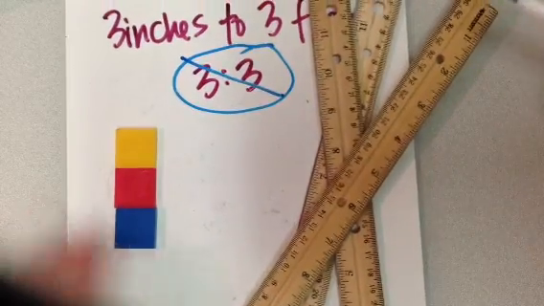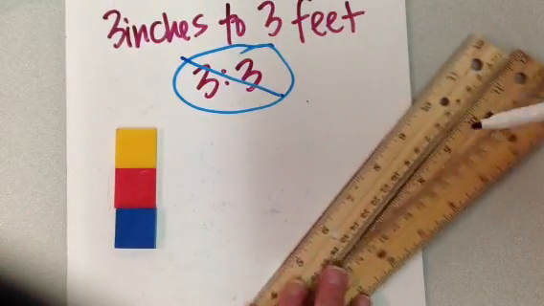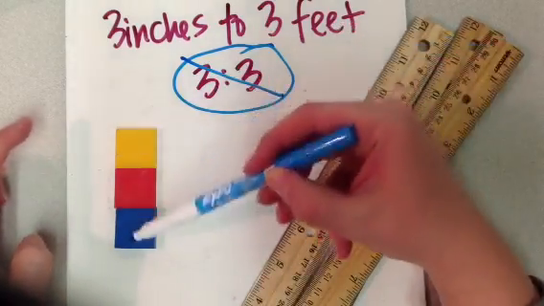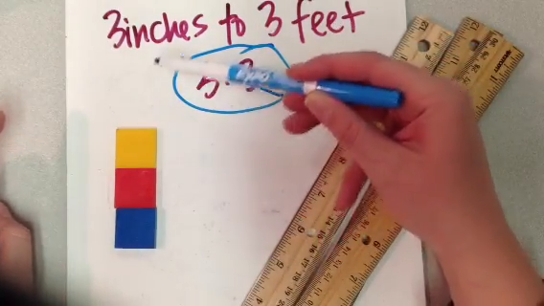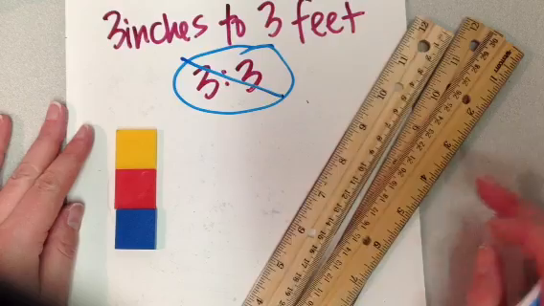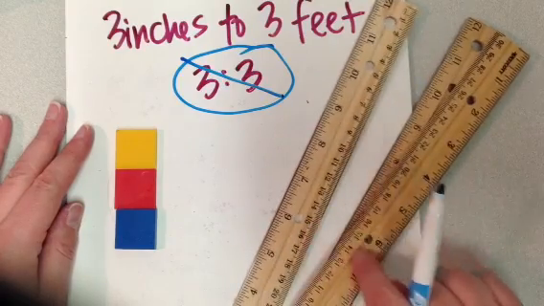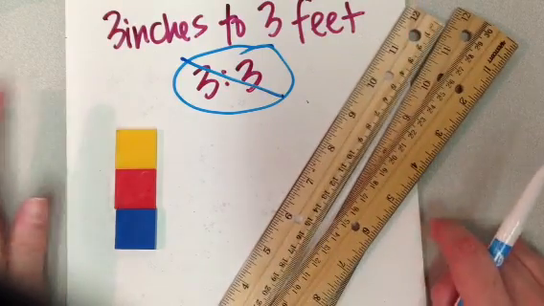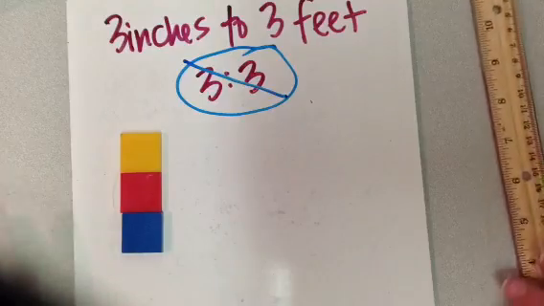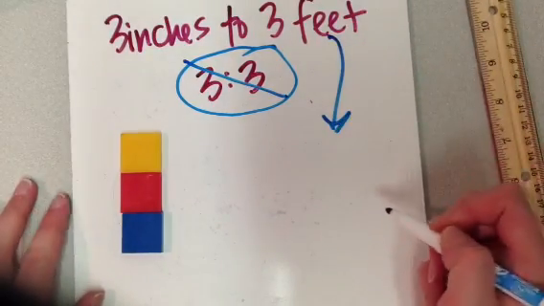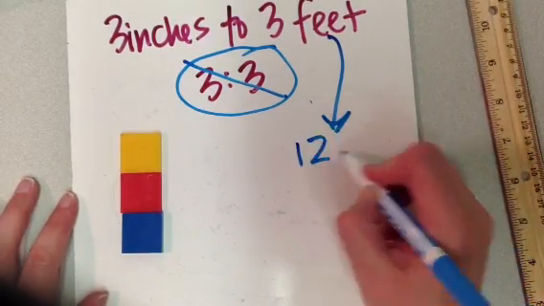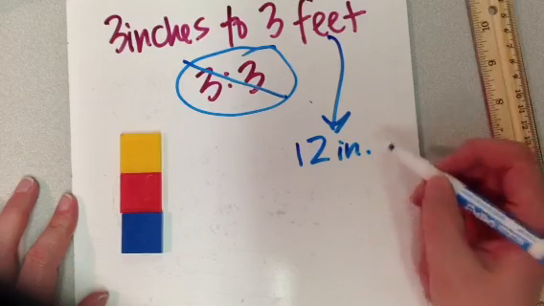And so in order to deal with these 3 feet and compare it accurately to the 3 inches, I have to write these 3 feet right here in their inches form. So if I was going to write 3 feet in inches, well, I know there's 12 inches in each foot.